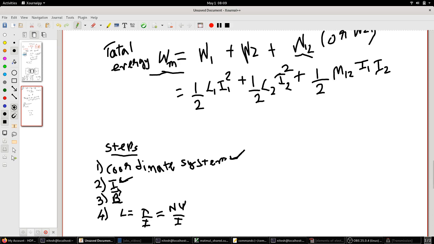Find the magnetic field at any point using Biot-Savart law or any other law that you have, like Ampere's law. Once you know B, you find B dot ds, which will give you the psi, multiplied by the number of turns of the inductor, and divided by I, you will get your L. That's your self-inductance. The same thing you can do for a mutual inductance too.